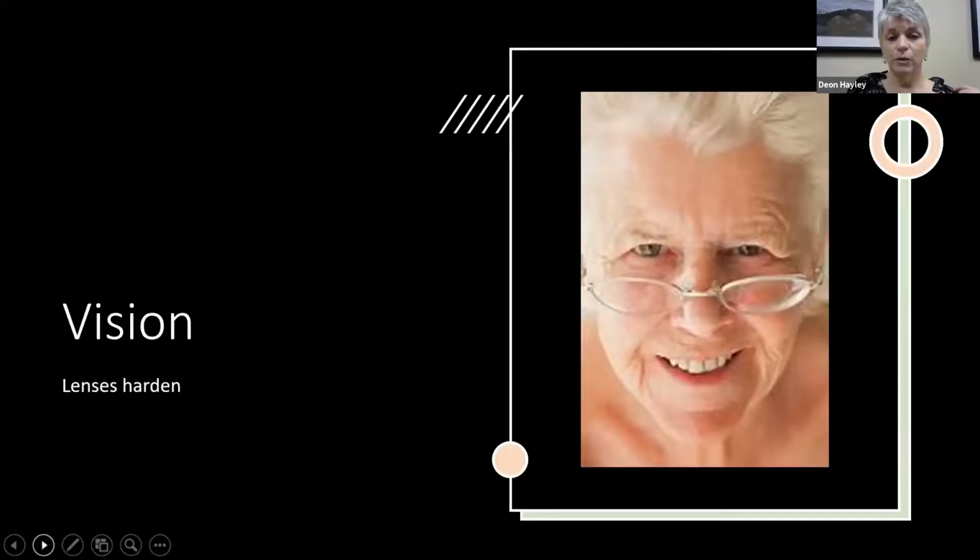Vision, changes with vision. With age, most everybody develops cataracts as they get older. That's the lenses. When it says lenses hardening, that's what cataracts are. Thankfully, I'm super thankful that we have an easy and effective way to deal with cataracts.